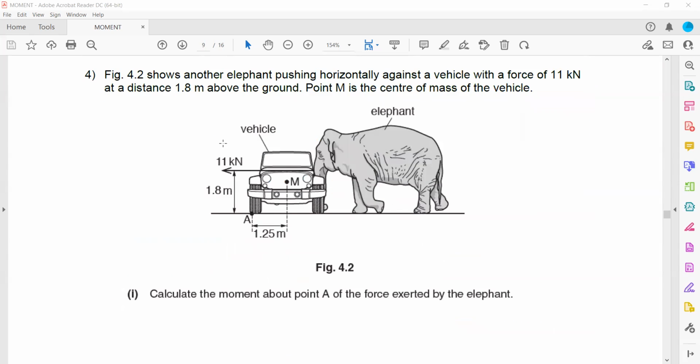Then another question. Figure 4.2 shows an elephant which is pushing horizontally against a vehicle with a force of 11 kilonewton, or 11,000 newton.